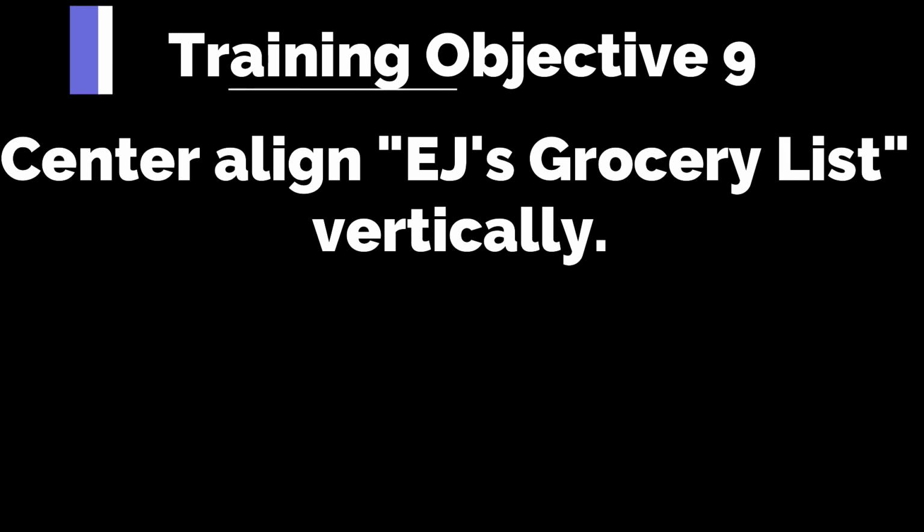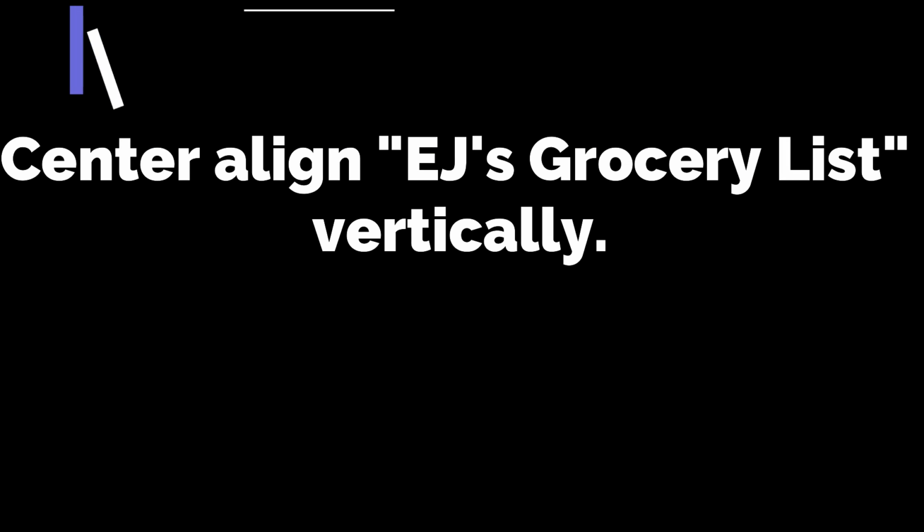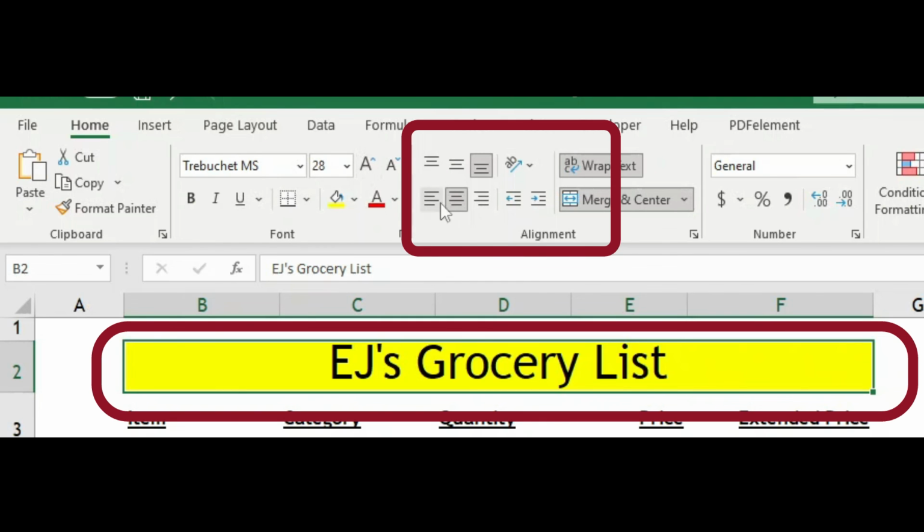Objective 9. Center align EJ's grocery list vertically. So now we got to go back over here to alignment on the ribbon. And remember, the top was vertical, the bottom was horizontal. So we want to center align vertically this time.